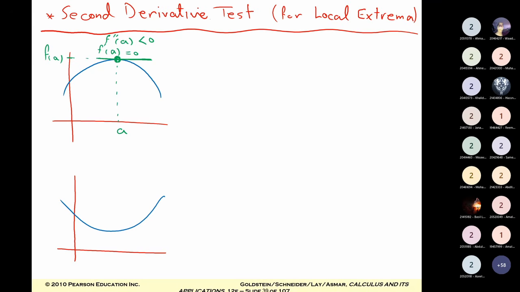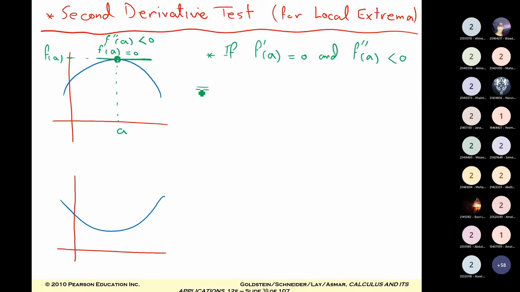So we can conclude: if f prime at A equals 0, this means A is a stationary point, and the second derivative there is less than 0, this means concave down.